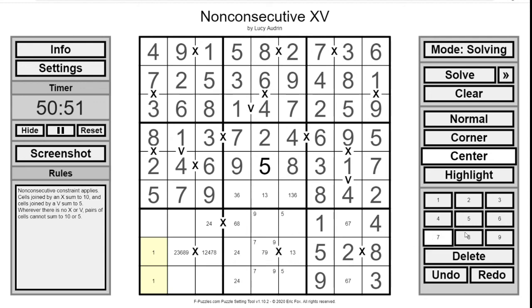So 6 must go down here, which means the last remaining digit is a 9. So 9 must go up here because it's a pair. And because it's apparent to me, that's a 9, that's a 1.